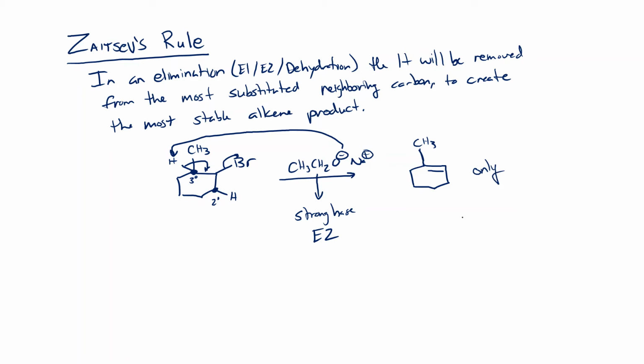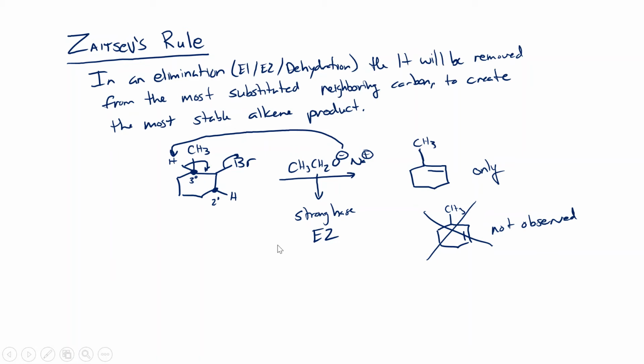We will not see where the alkene is over here, not observed. And the reason behind that is that this product is actually more stable, right? We have a more substituted alkene, it's got more stuff surrounding it, and so it's just going to be more stable. So we get this one. Okay. So this is Zaitsev's rule on E2 elimination.